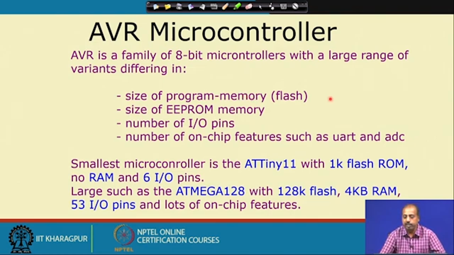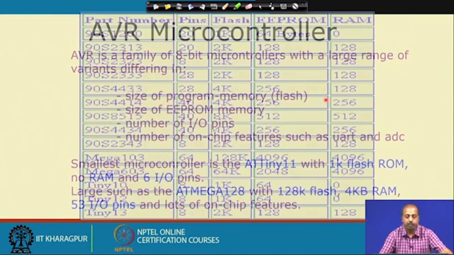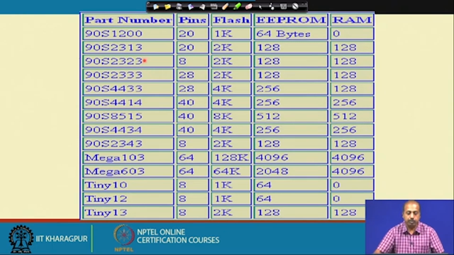So, we will try to see a broad overview of all these processors. If you look into, say, the 90S1200, it is a 20 pin chip with a flash of 1 kilo and EEPROM of 64 bytes, and there is no RAM. Then 90S2313 has other features: the EEPROM size is doubled and 128 RAM locations are introduced.